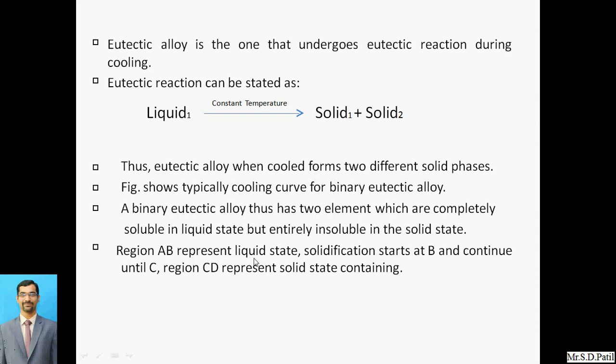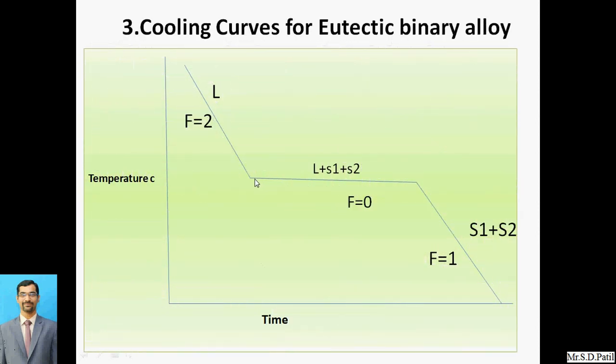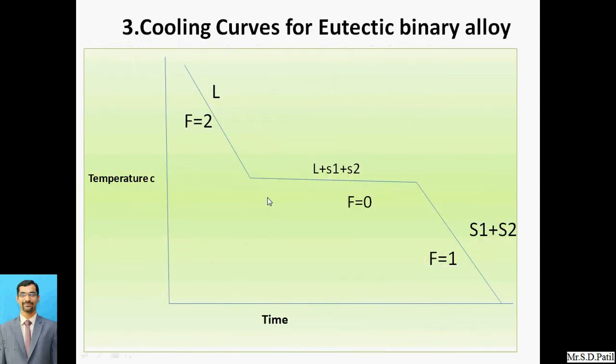Now in the region AB, the liquid state, the solidification starts at B and continues until C. So AB is the liquid state. Here again, A, B, C and D. From point A to B, the complete state is liquid. At state B, the solidification starts and continues till C, so it is a combination of liquid and solids.